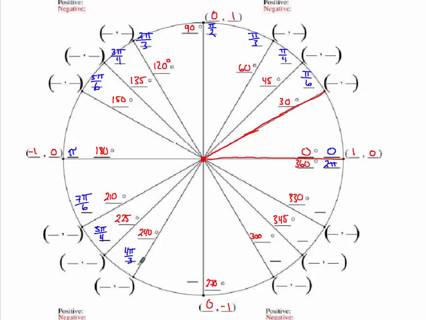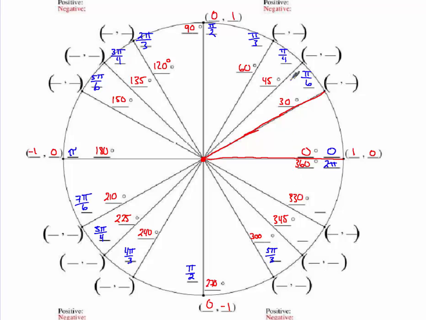So 4 pi over 3. And then our 270 degrees is 1 pi half, 2 pi halves, 3 pi halves. And we're almost done. 300 degrees is 30 times 10, which is 10 pi over 6, and that reduces to 5 pi over 3.